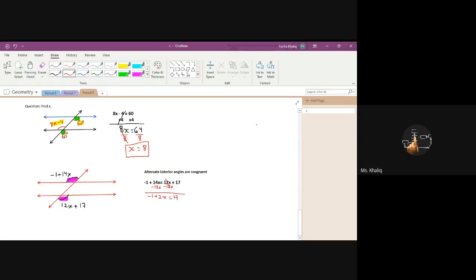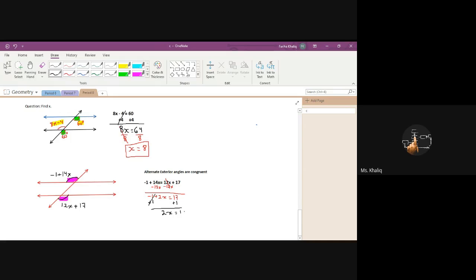And what do I do next? Well, I'm going to get rid of the -1 there so we can have the 2x by itself. So +1 here, because the opposite of negative is a positive. So +1 here. Cross this out. So we have 2x equals 18. And what do we do next?